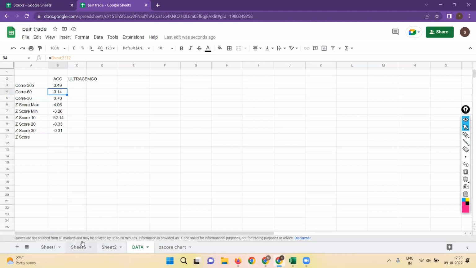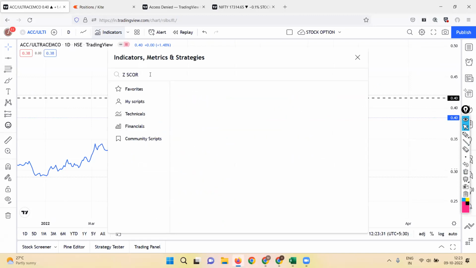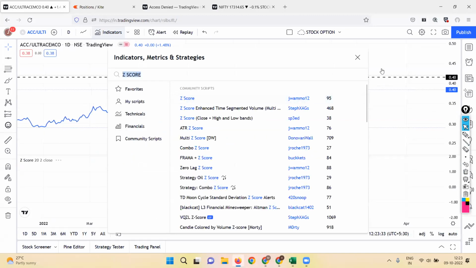In Excel or Google Sheets some calculation may show wrong, so we can directly use the Z score indicator.